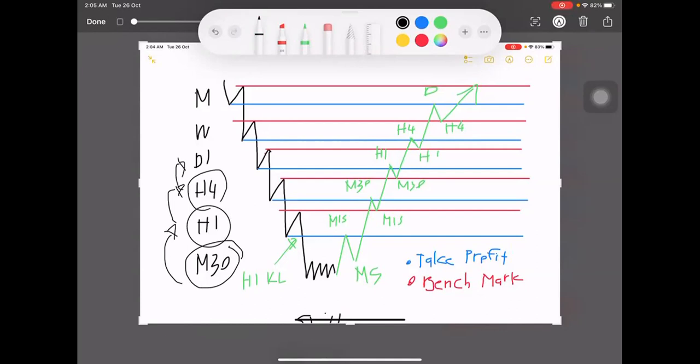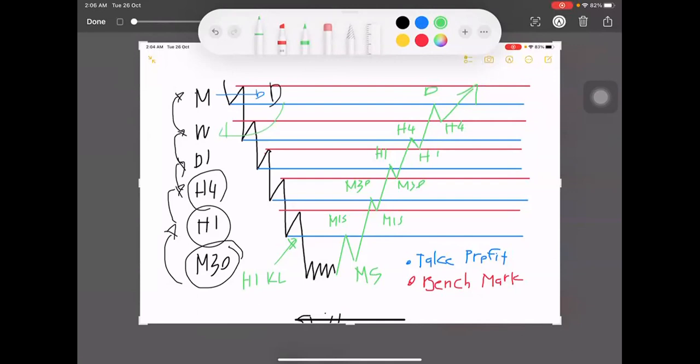All right. So setup for daily, TP take profit is weekly, right?